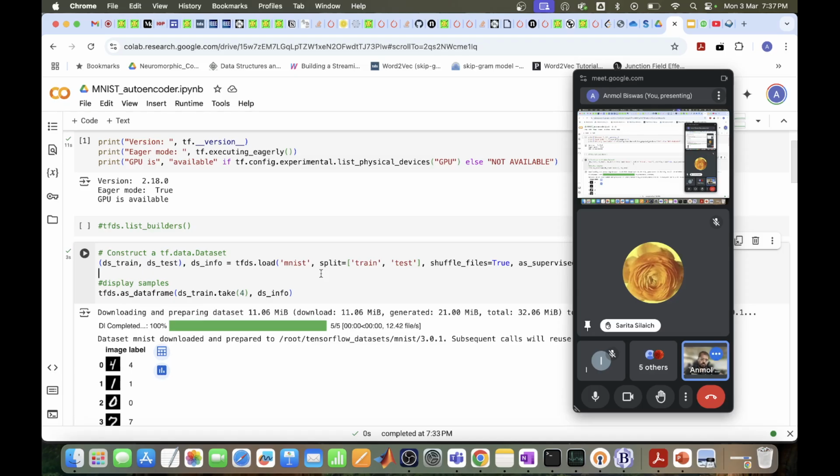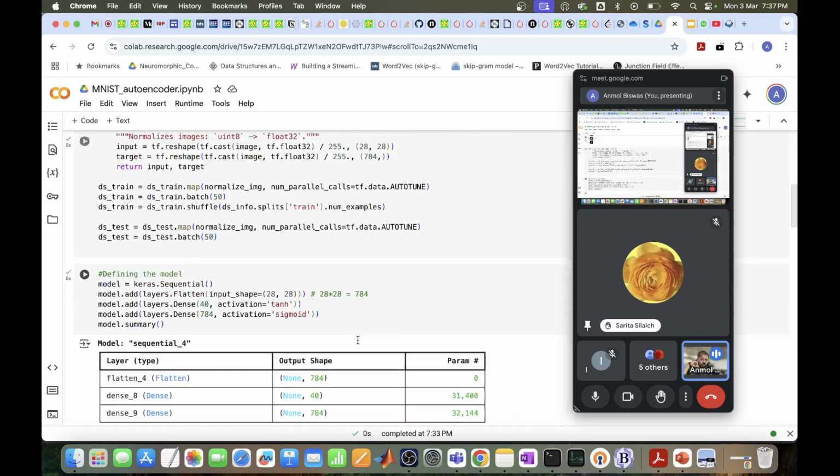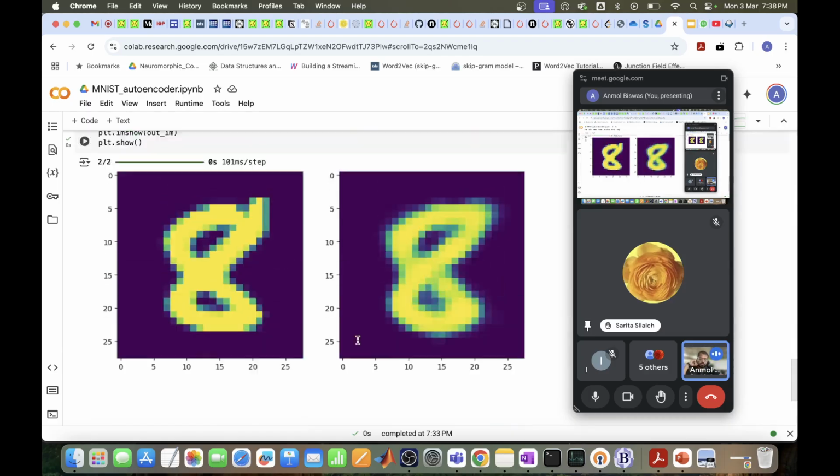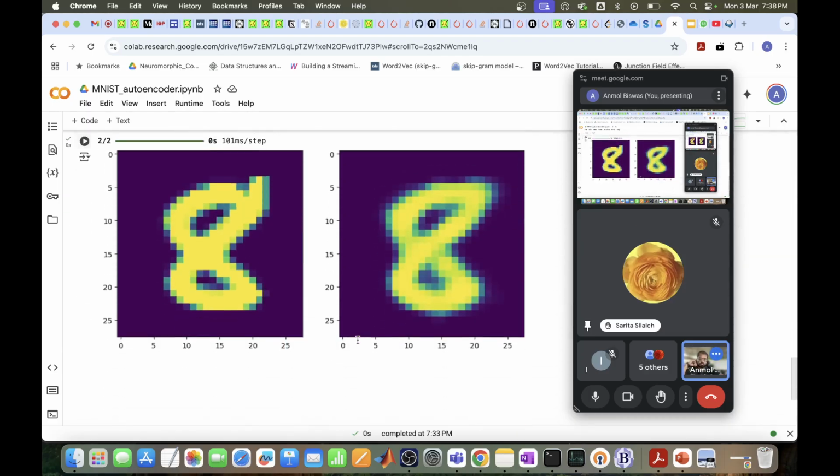That would be a nice exercise to do. You can also clarify those concepts of variational autoencoders, right? So I will share this and other notebook links.